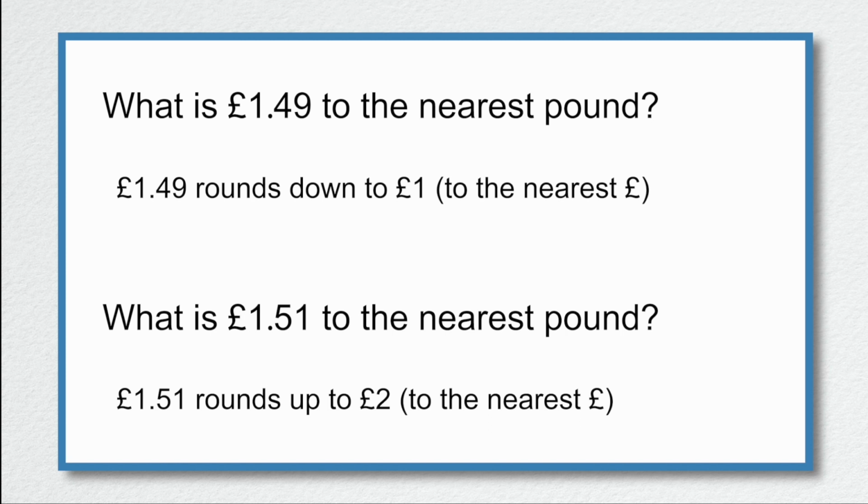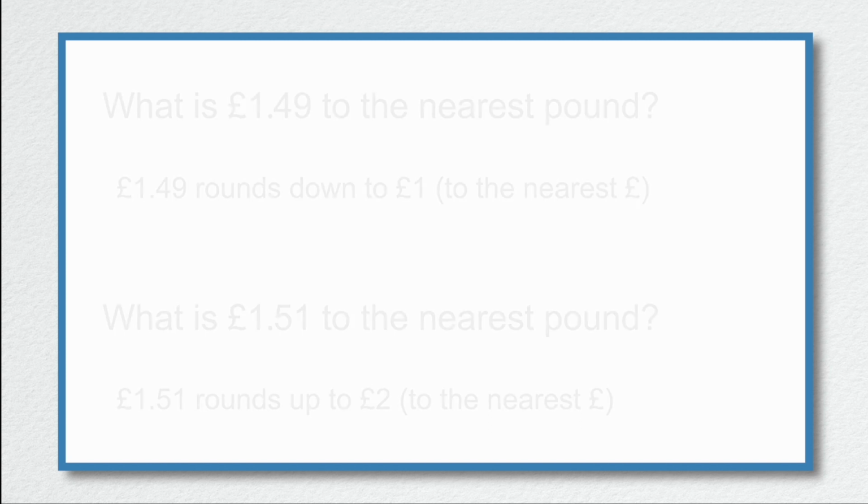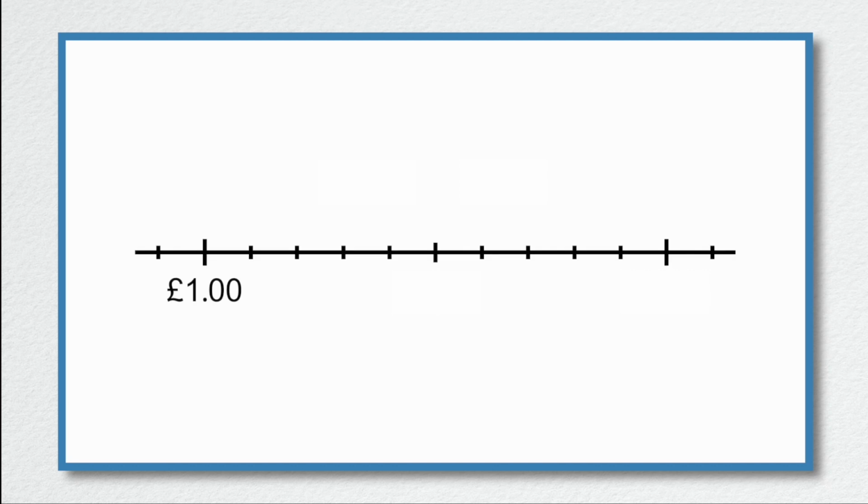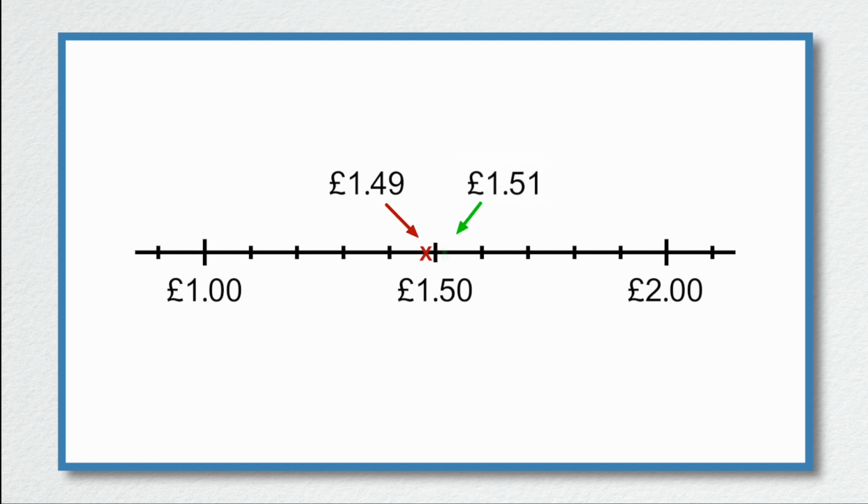Well, let's look at a number line and let's put these values on that number line. So there's £1, there's £2, and the midway point is £1.50. But if I was to put £1.49 and £1.51 on this number line, they would go here and here.